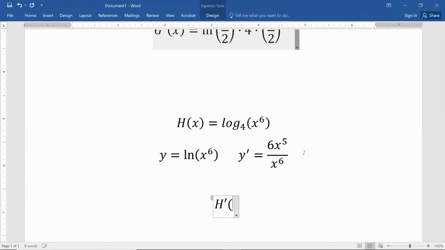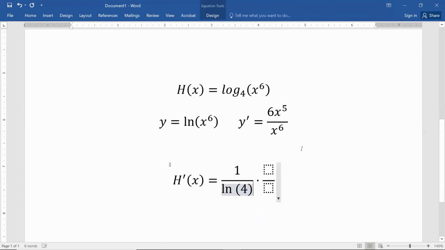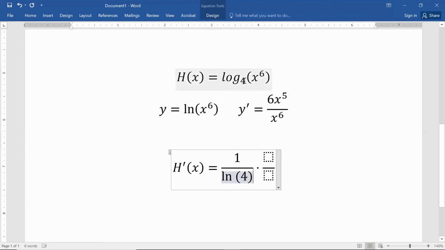So take h prime of x. We're going to get a fraction with another fraction. The first fraction is going to be 1 over the natural log of 4 because we have base 4 there.